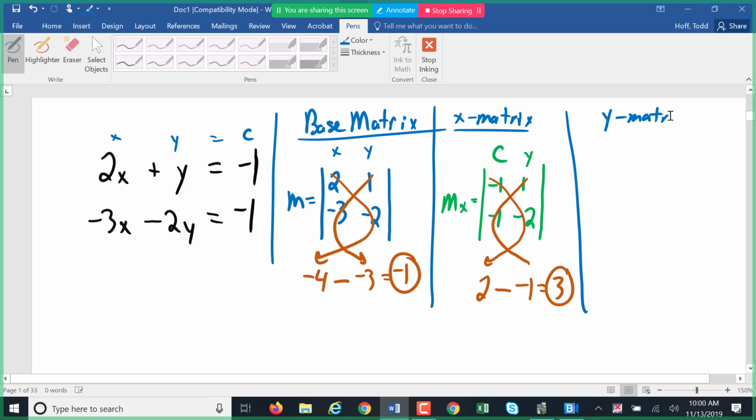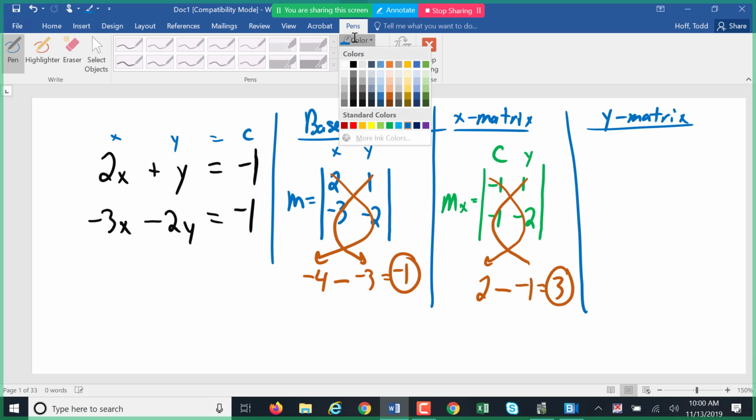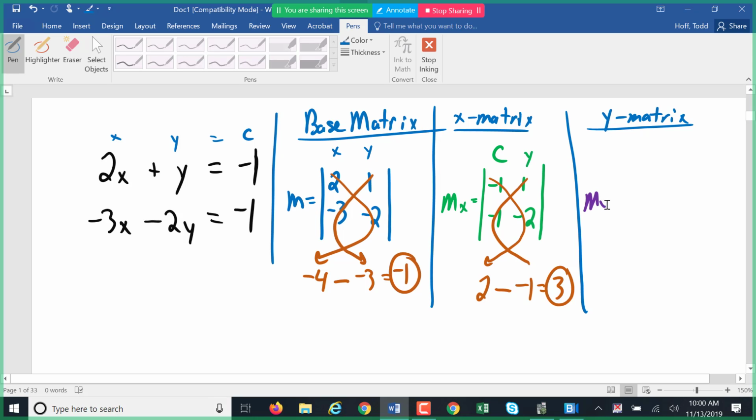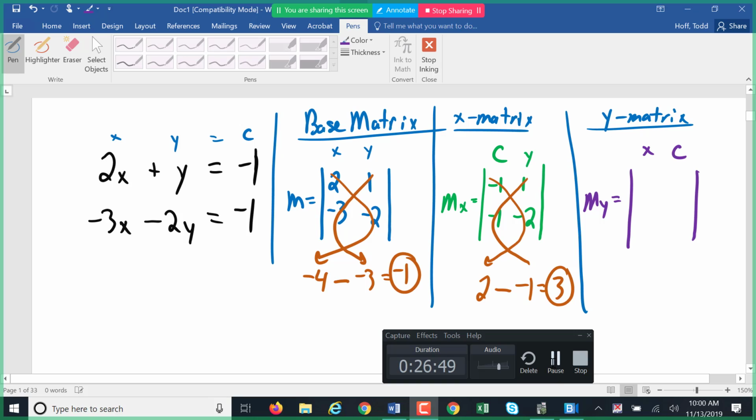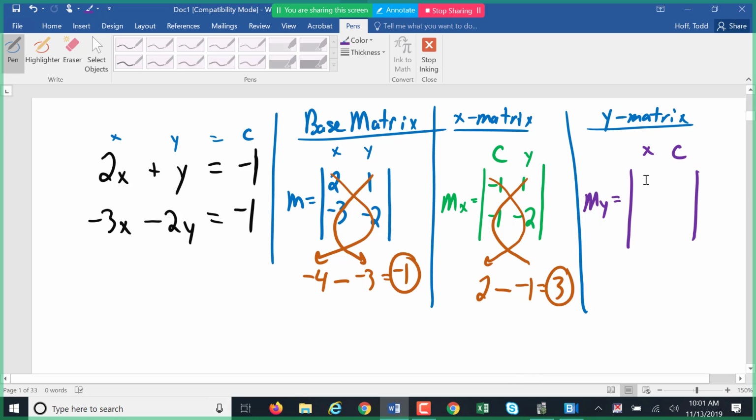So I'm going to have you do the Y matrix, set it up, and find its determinant quick. So in the Y matrix, we have the X coefficients, and then the constants replace the Y coefficients.